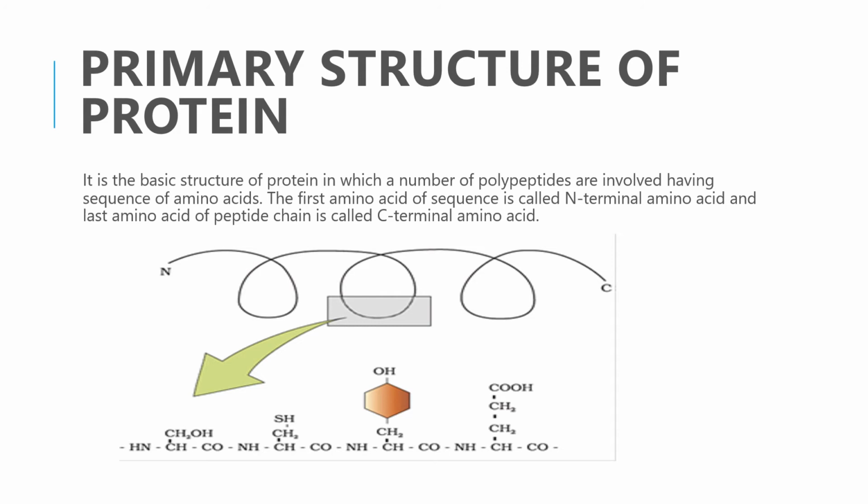The first amino acid of the sequence is called the N-terminal, and the last amino acid of the peptide chain is called the C-terminal. The amino acids in the primary structure are in a linear fashion.